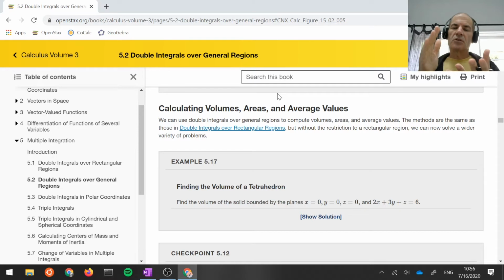Areas, you just do the double integral of the constant function 1, and that's going to add up to the area of the complicated region. And finally, average values, you integrate the function f over the region and you divide by the area of the region. So these are all ideas that we learned in section 5.1. We're just going to apply them in the context of general regions of integration.